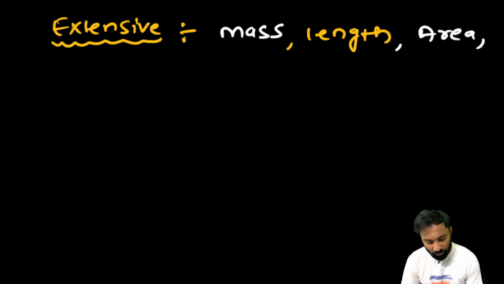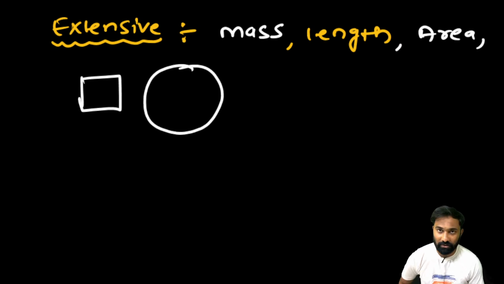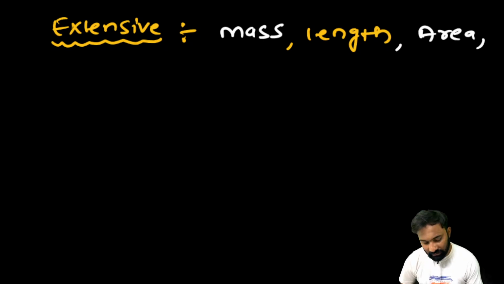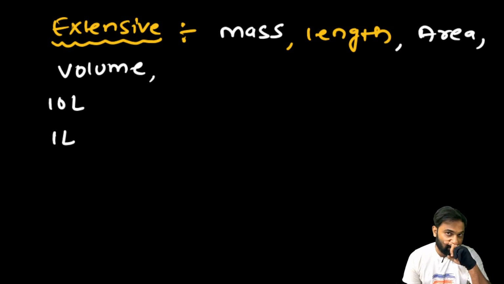Area will also not be the same. If you take this square, it has a different area. Now if you take this much, it has a different area. Clear? Area also does not have a fixed value. Next one, volume. Volume also does not have a fixed value. How? Because if you take 10 liters, it has a different volume. If you take 1 liter, it has a different volume.